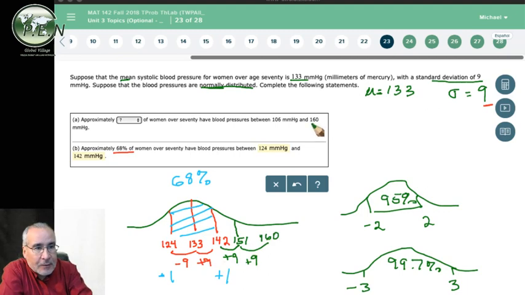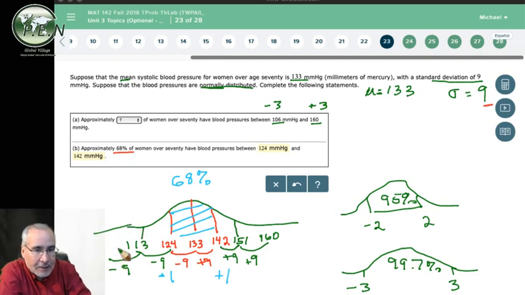So what I found is 160 is 3 above. Would you want to guess that the 106 is going to be 3 below? Now you can do it. We subtract 9, the standard deviation, 3 times.